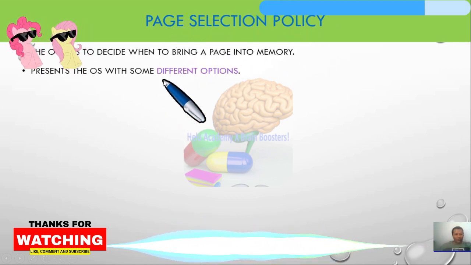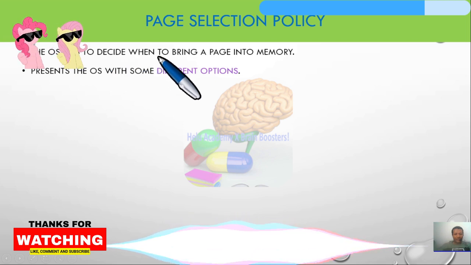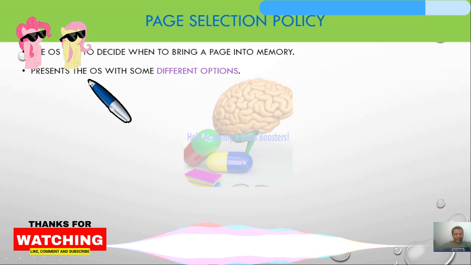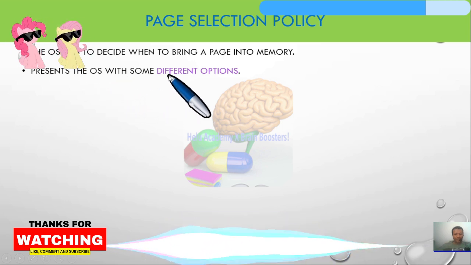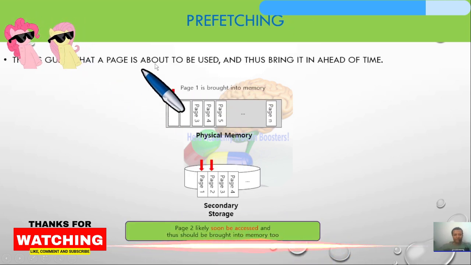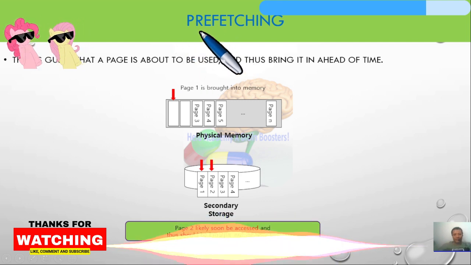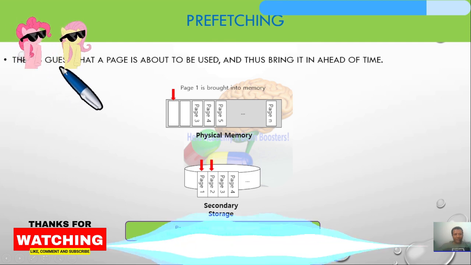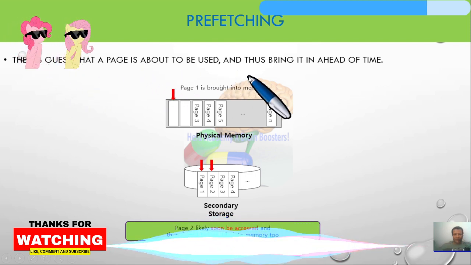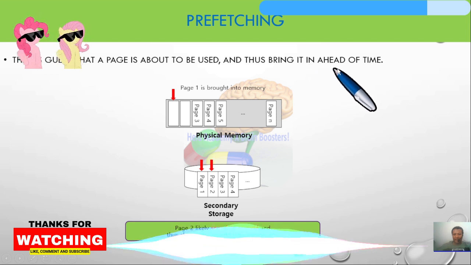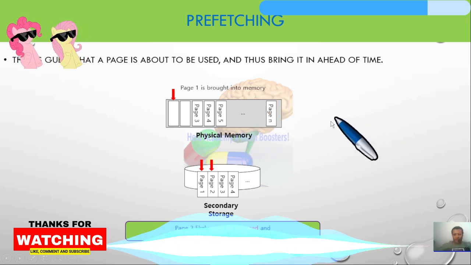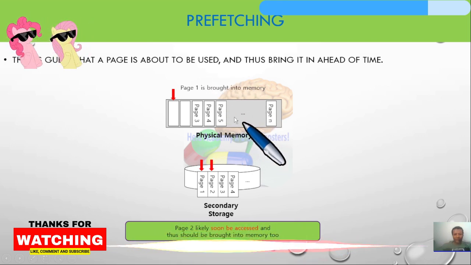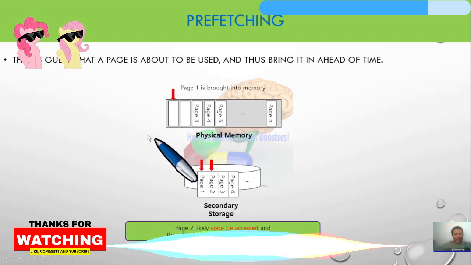Now the page selection policy: the operating system has to decide when to bring a page into memory. This presents the operating system with some different options. Let's see prefetching. What is the meaning of prefetching? The operating system guesses that a page is about to be used and thus brings it in ahead of time.